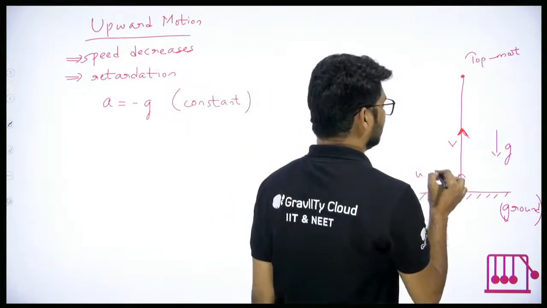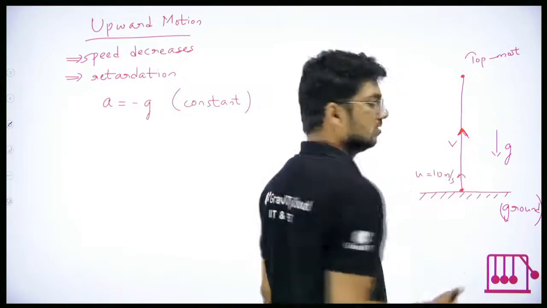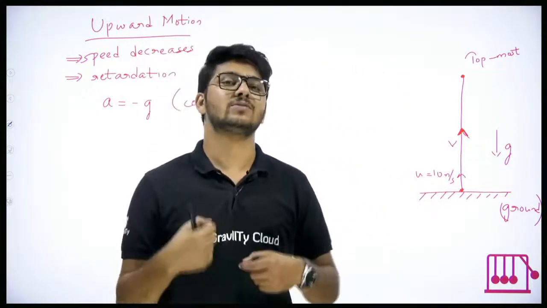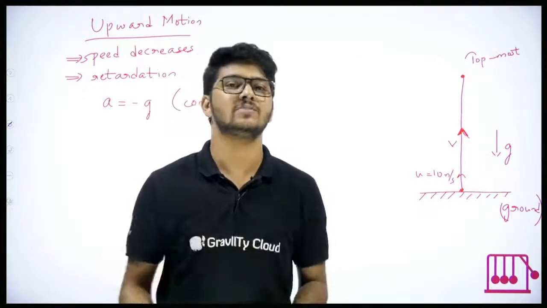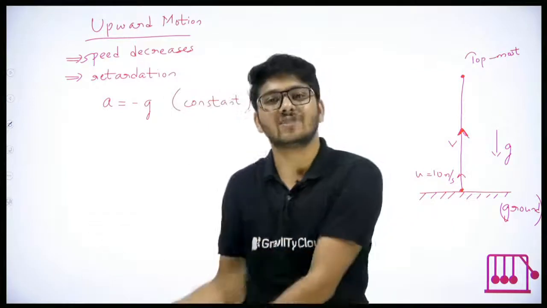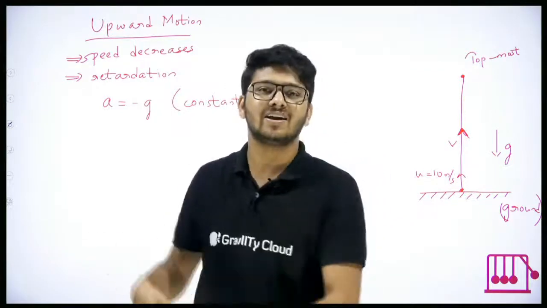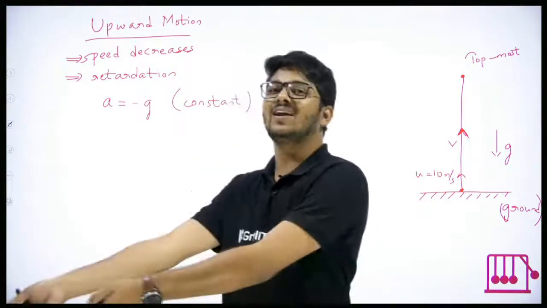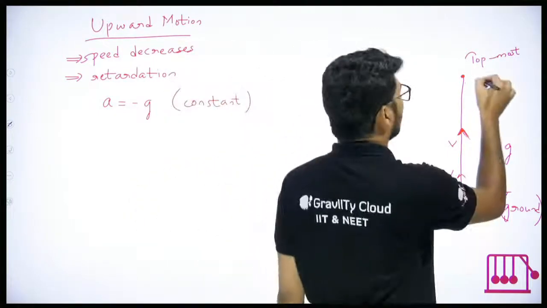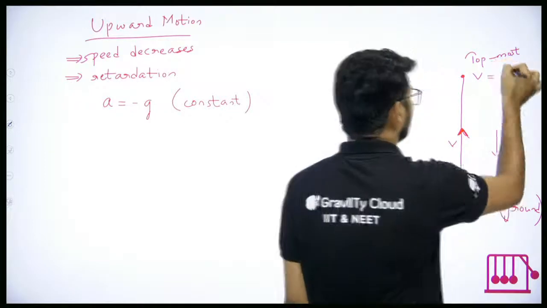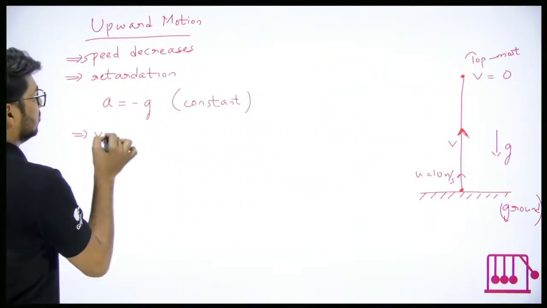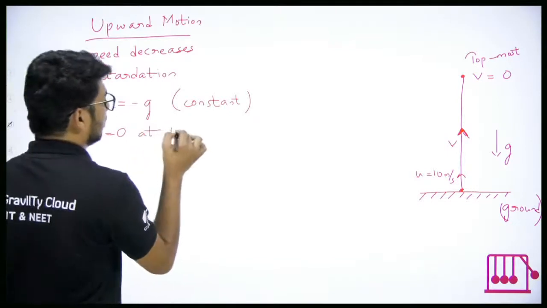Here, let's say u is equal to 10 meter per second. Now, as it goes up, the speed keeps on decreasing. 10 becomes 9, 9 becomes 8, 8 becomes 7, 6, 5, 4, 3, 2, 1. After 1, 0.5, 0.25, then ultimately it should become 0. Right, so at the topmost point, speed is equal to 0. Very important point. v is equal to 0 at the topmost point.